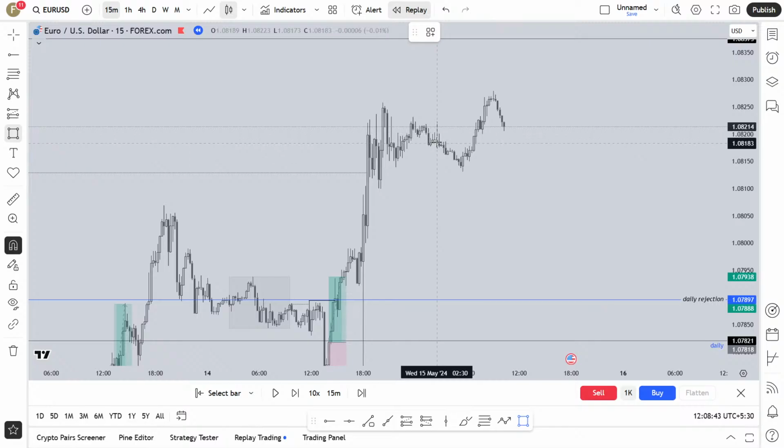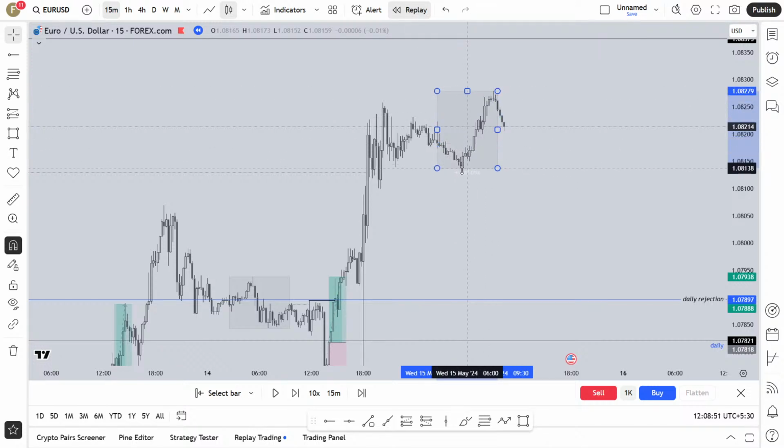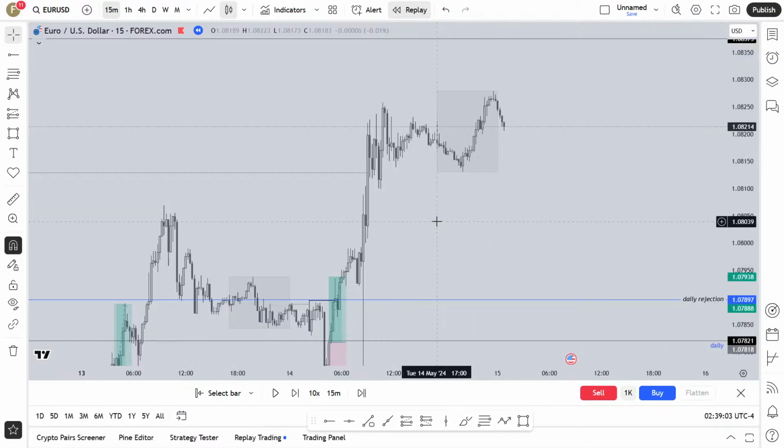Asia for me starts at 9:30, from 2:30 to 9:30. You can find it very easily: you change to New York -5. So from 5 p.m. New York to midnight is Asia.